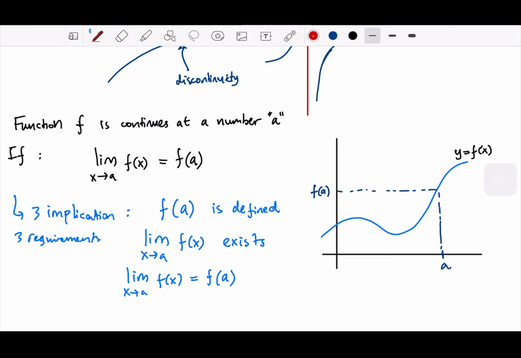Okay, imagine that we are moving, approaching, like we discussed in limit, and this is approaching also the f.